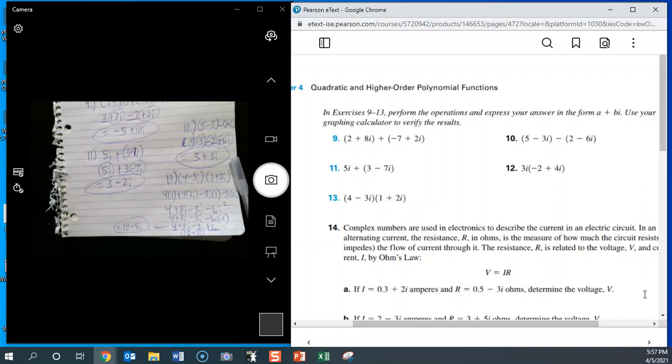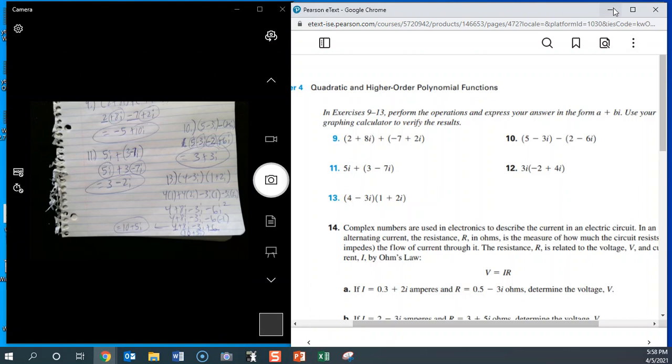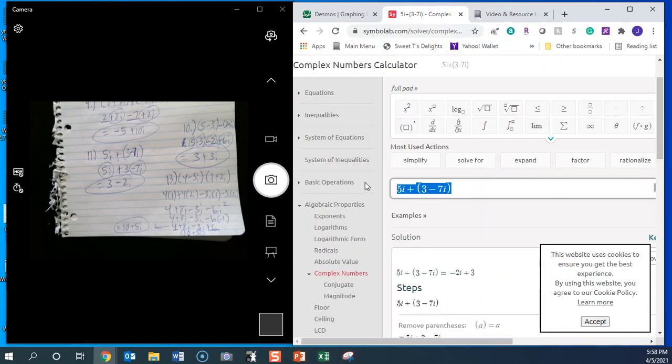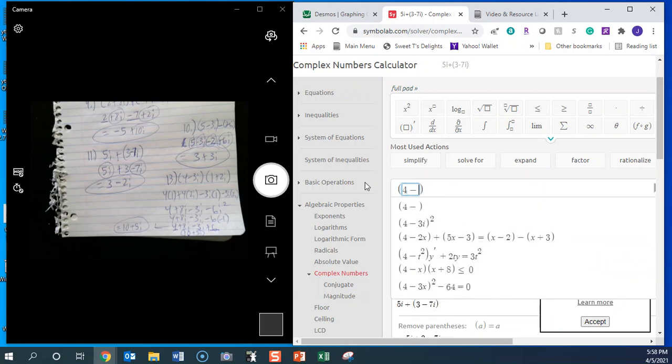Okay, so now we're going to put this in the calculator. We go right back here to our calculator. We would type in what we have here. So we have parenthesis 4 minus 3i.